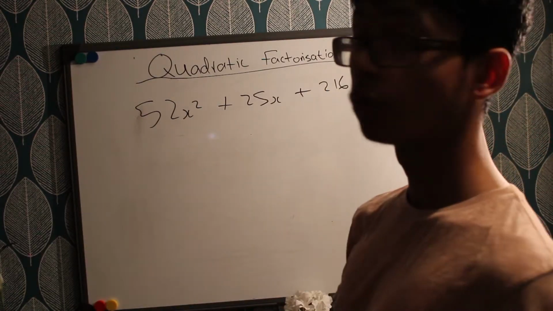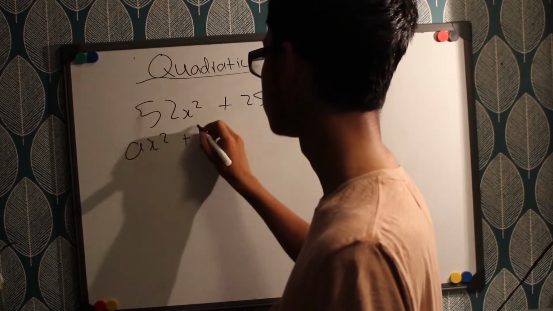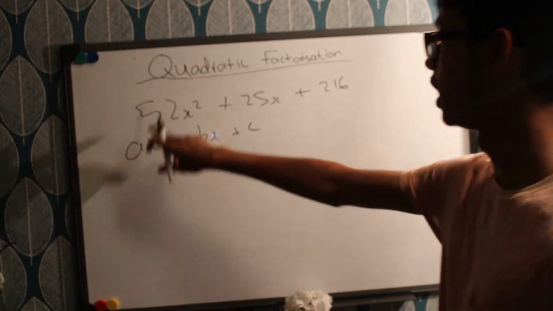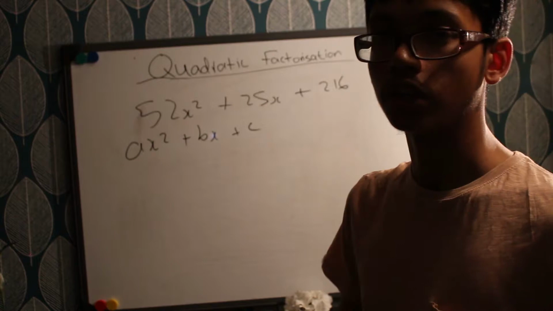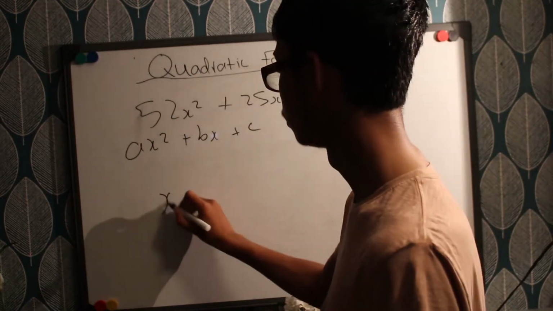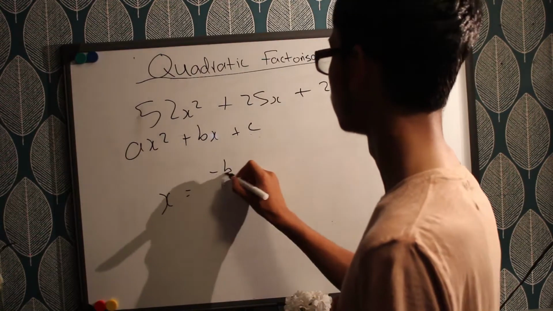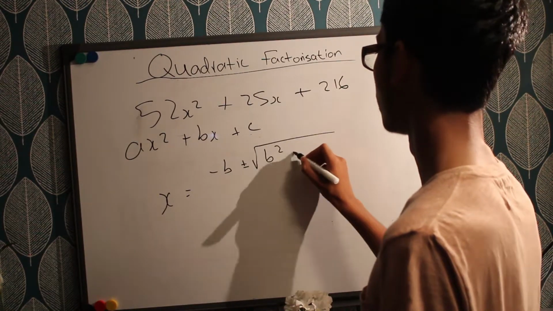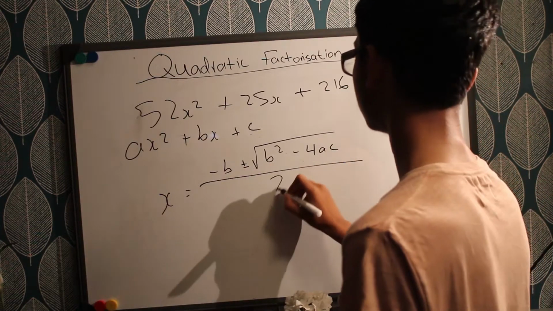So the quadratic formula is essentially derived from ax squared plus bx plus c. As you can see, a is 52, b is 25, c is 216, and you can rearrange this equation to get x on its own, which I'm not going to go through because you need to know some other things. It's going to be x equals minus b plus or minus the square root of b squared minus 4ac, all over 2a.